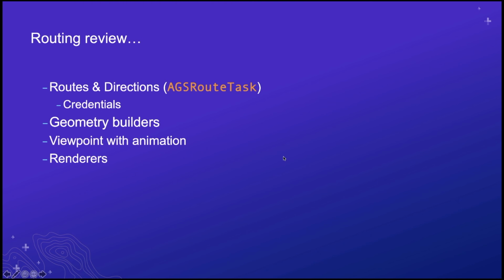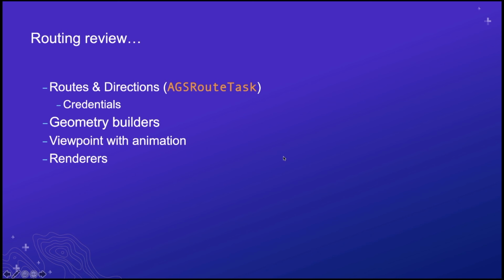Okay, so a quick review of what we just learned there. We saw another task in action. We saw the ArcGIS route task. Previously, we'd seen the ArcGIS located task. In this case, the route task requires credentials. So we needed to provide a credentials object to be able to authenticate to use the route task. We saw geometry builders at work, demonstrating that geometries are all static.